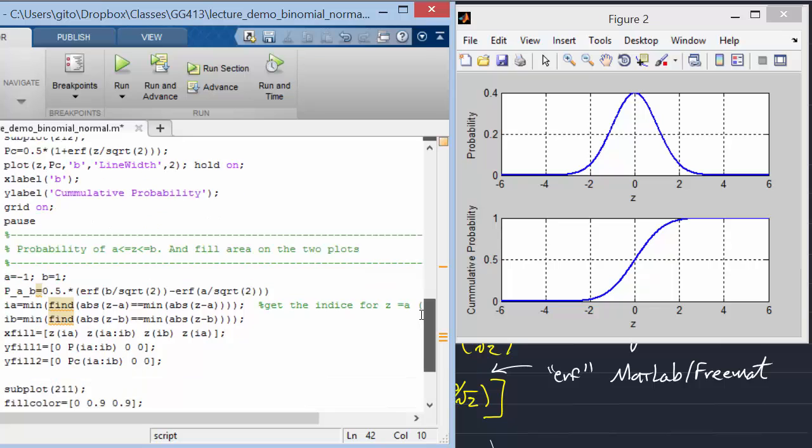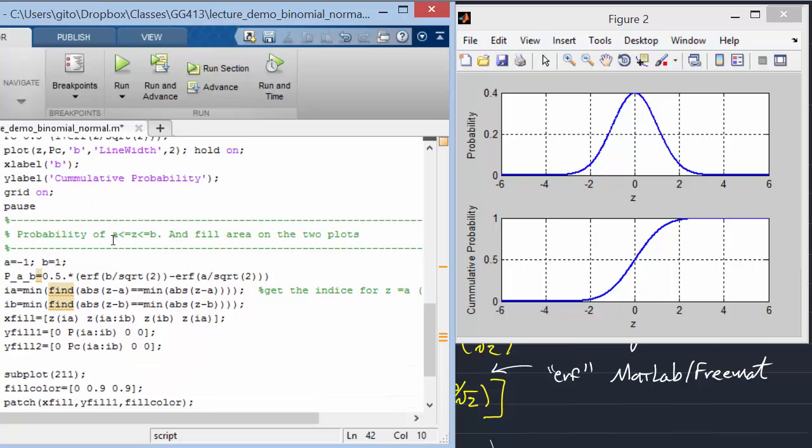Now finally to the solution we sought, where z is greater than or equal to a or less than or equal to b. Let's just look at a being -1 and b being equal to 1. So the probability of that interval is just 1/2 times the error function of b over the square root of 2 minus the error function of a over the square root of 2.